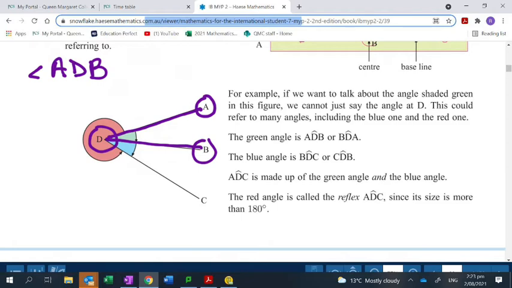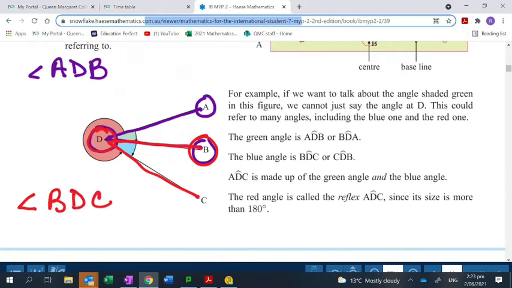So it's not always just alphabetical order, whichever one is the vertex goes in the middle. Why are you excluding C though? Because that's not the green angle. Oh, C is in the blue angle. So now let's do the blue angle. BDC. If you look at the blue angle, it uses this line and this line. So it would be angle starting at B. What's its vertex?